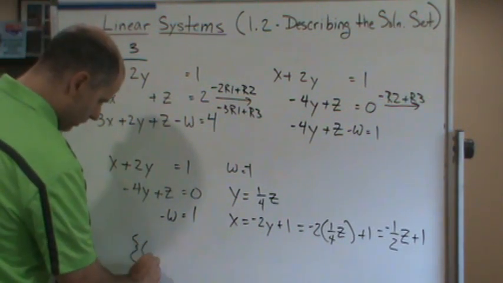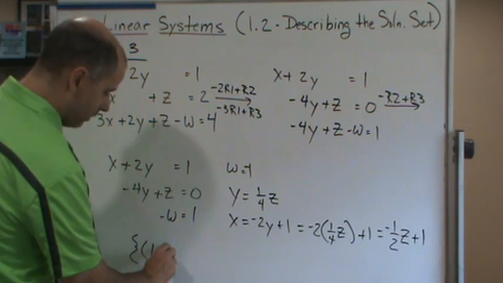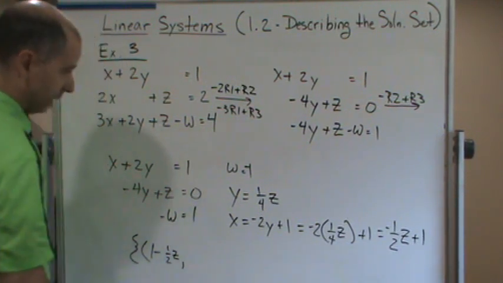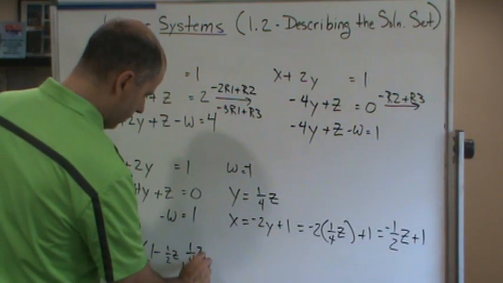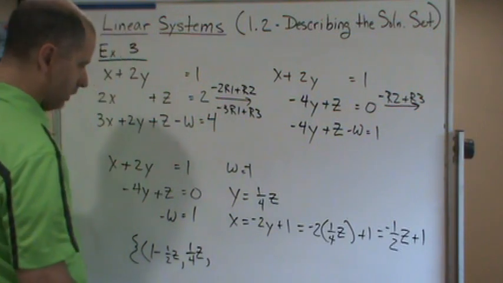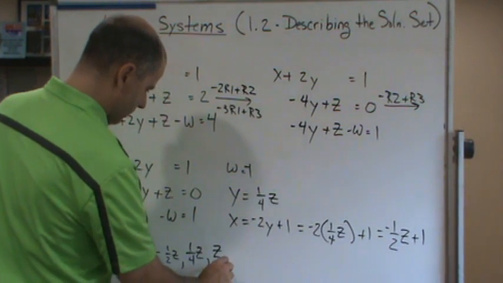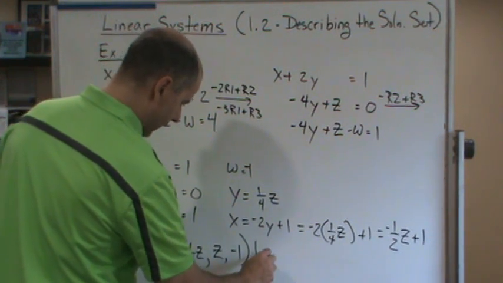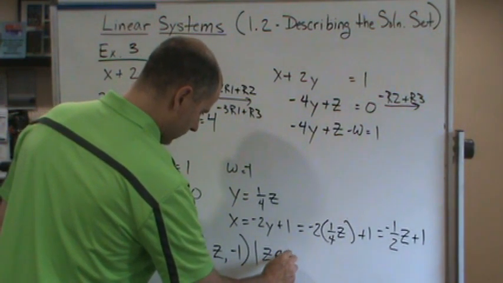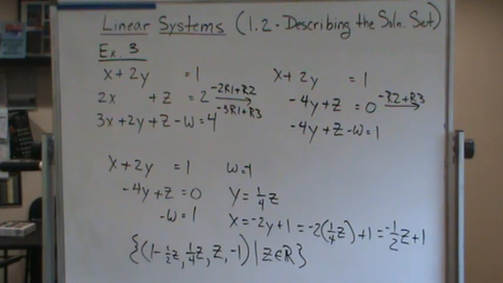X is going to be 1 minus 1/2 Z. Y is 1/4 Z. Z is just Z. And then W is -1, such that Z is an element of the reals. And that's it.